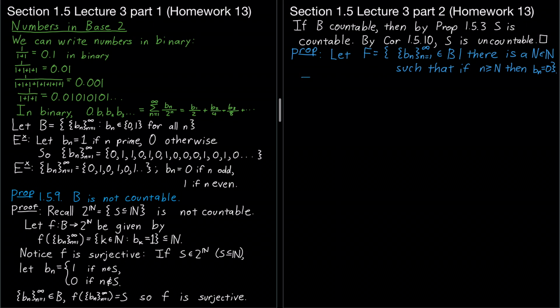And the conclusion is that B is still uncountable even if we throw out all the elements in F. And here is how we go about proving that.